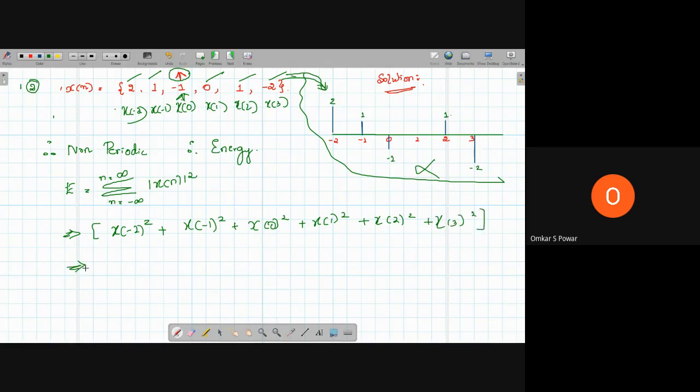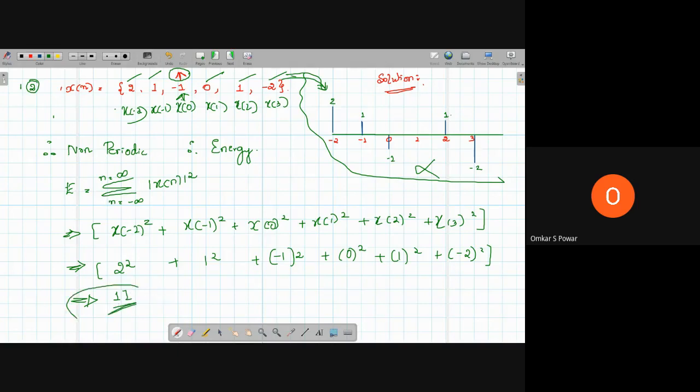What is the value of x at -2? 2. X at -1? 1. X at 0? -1 the whole square. X at 1? 0. X at 2? 1. X at 3? -2 the whole square. If you simplify this, 4 plus 1 plus 1 plus 0 plus 1 plus 4, you will end up with the energy of the signal to be 11.